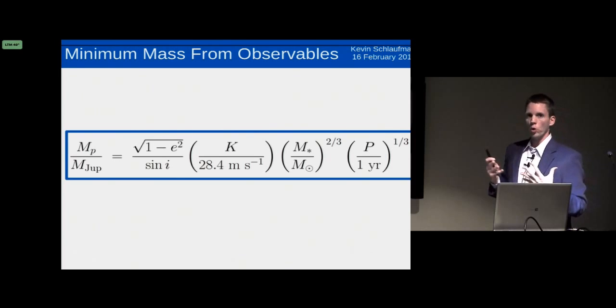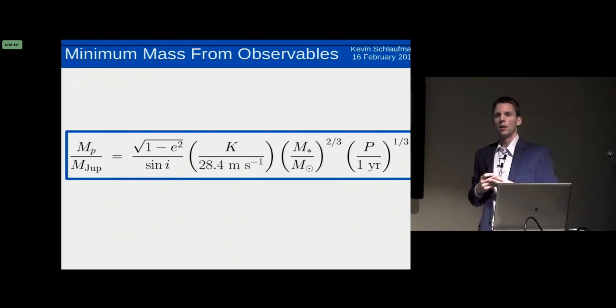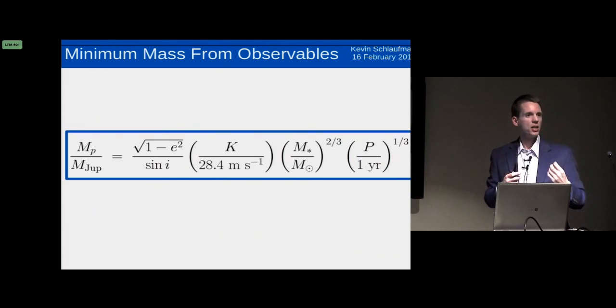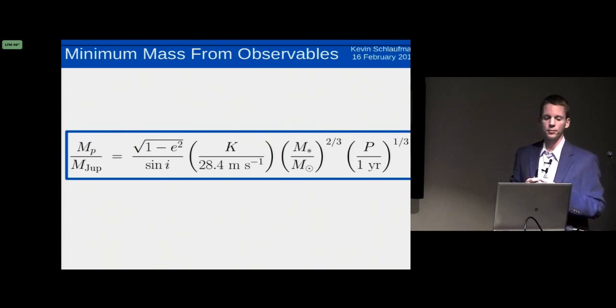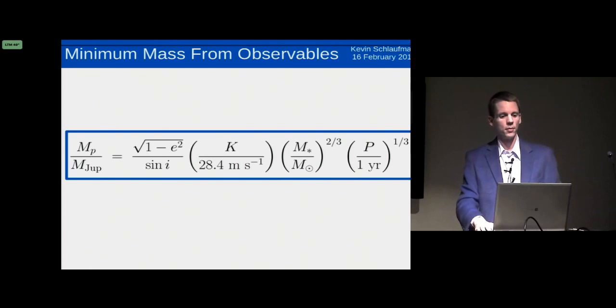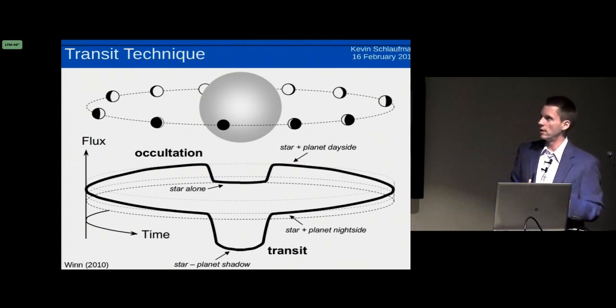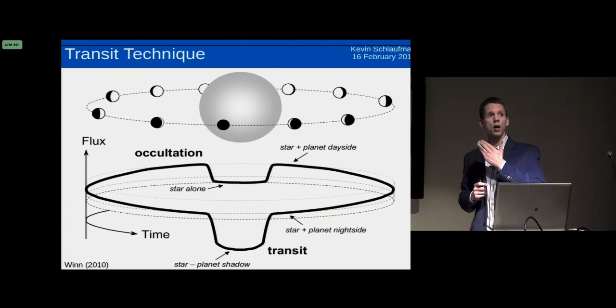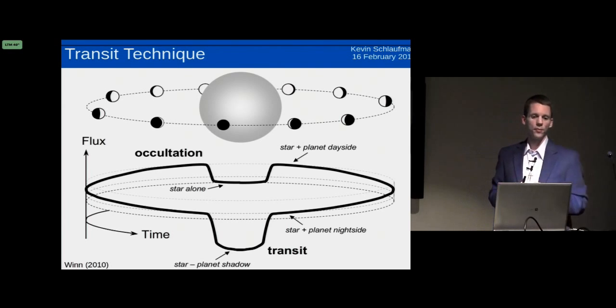So this is a roadblock if you're trying to understand how planet properties or how brown dwarf properties might change as a detailed function of mass. So you need some other information to break this degeneracy. And one way to break this degeneracy is to take advantage of a particular configuration of the orbit where it is so well aligned, just based on chance, that the planet passes between its host star and our line of sight.